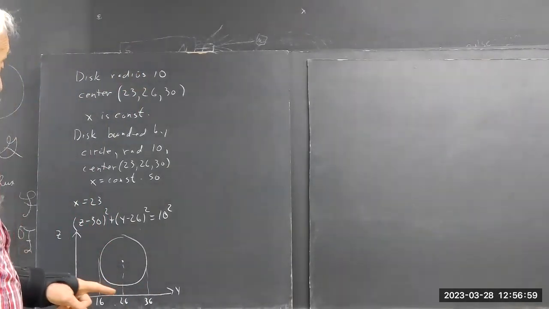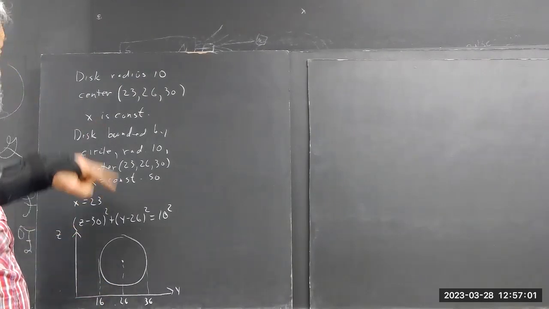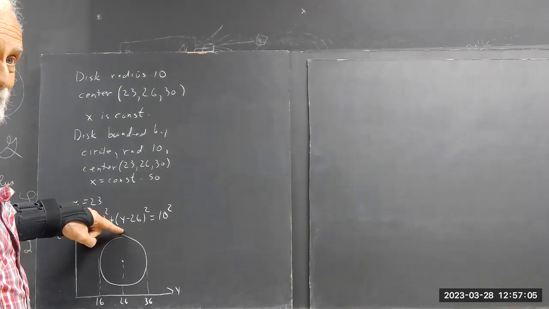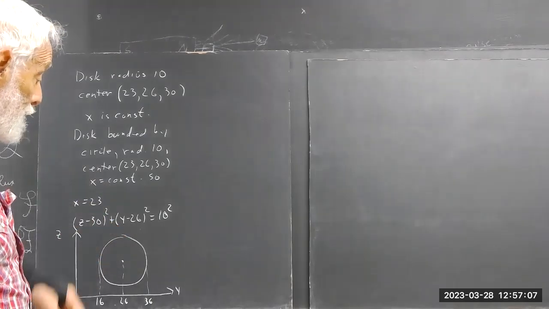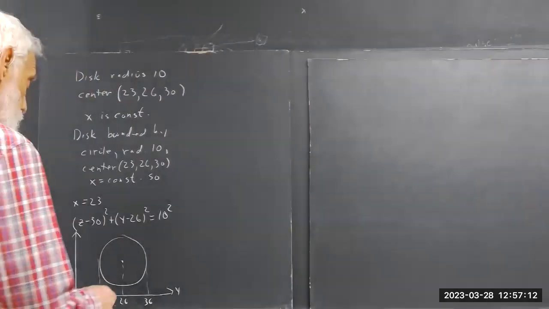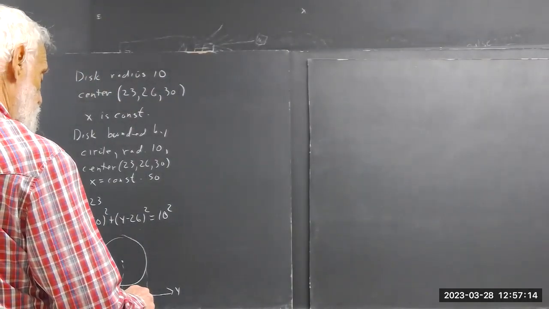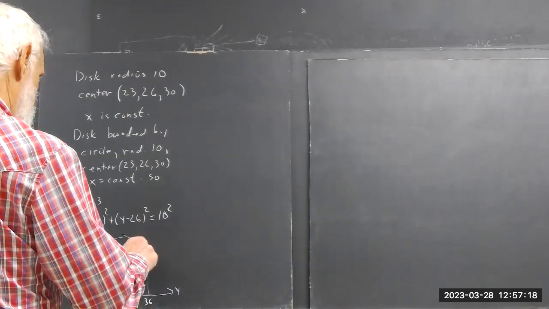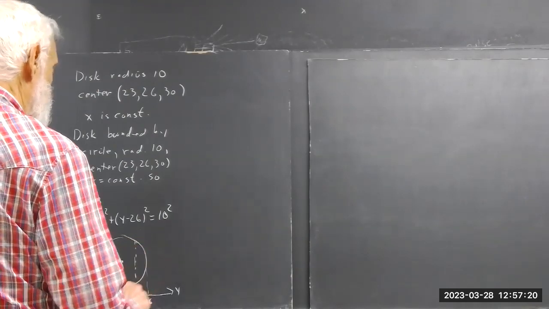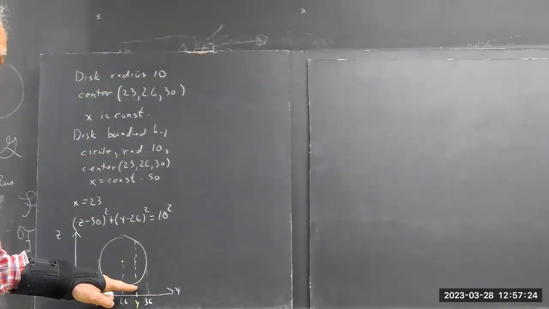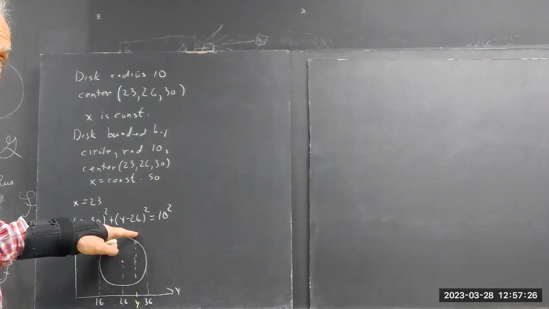Now you have Z coordinates that do go from 20 to 40, but not for every cross section. Cross sections look like this. So here's a typical cross section, with a Y here. Z doesn't go from 20 to 40 there.